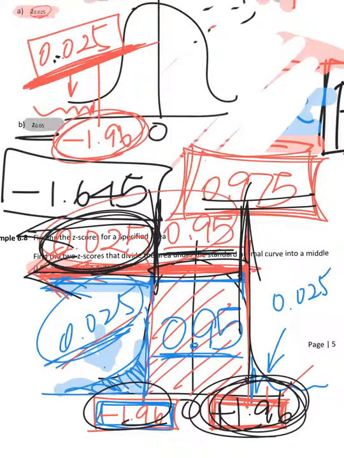You will find a z-score positive 1.96. It must be same as this one. But this one was a negative 1.96, but now it must be positive 1.96. Why? Because the normal distribution is symmetrical. That's good?